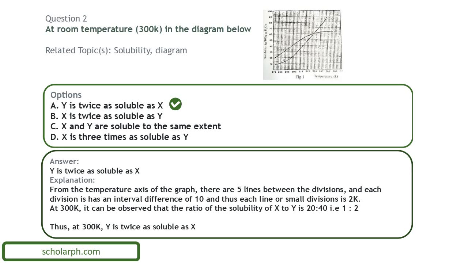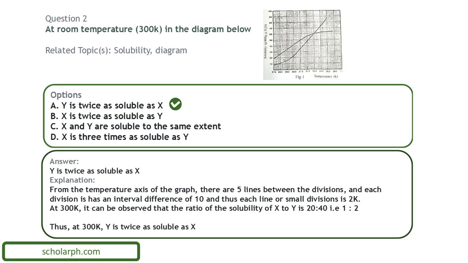Now here is a graph of solubility against temperature. If we look at 300 Kelvin here and we trace it up, we see that the solubility of X at that point is about 20.